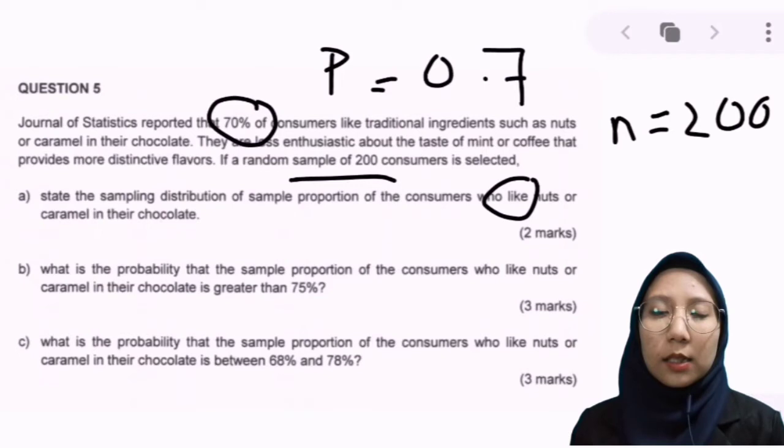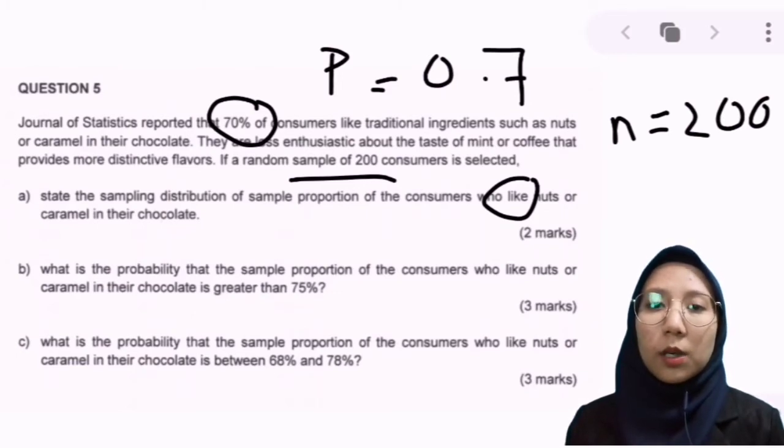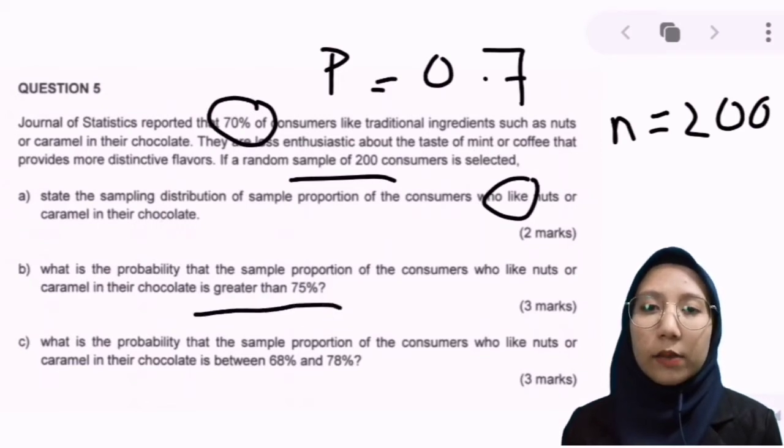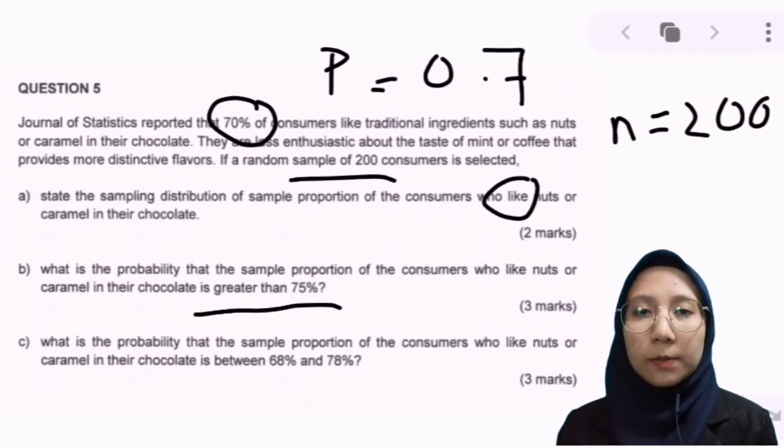Okay, next for question B, the question asks for the probability that the sample proportion of the consumers who like nuts or caramel in their chocolate is greater than 75%. So let's look at the solution.